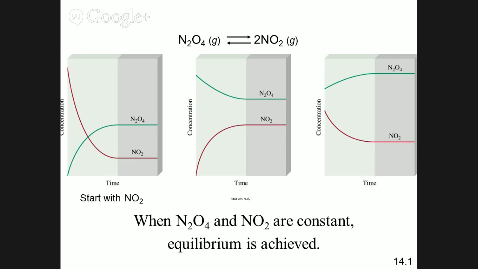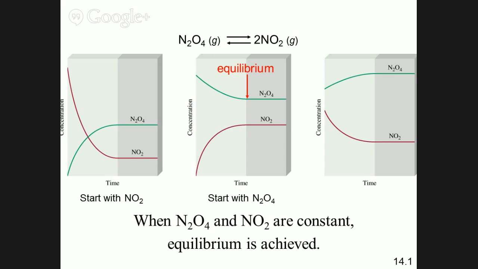In the second example, we start with the other one. We start with the N2O4. So it's the one that's up high, and it's the NO2 that's down at 0. But again, once we hit equilibrium, the two things are constant. And notice they don't have to be at the same constant places. We started off with different amounts of things. We get to a constant place. It doesn't have to be the constant that it was in the previous situation.